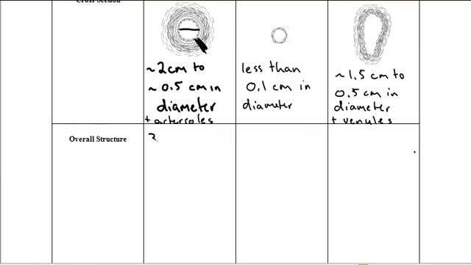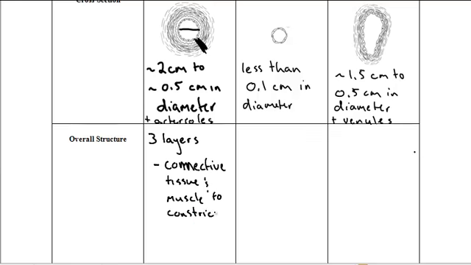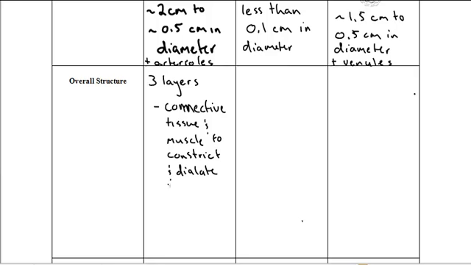Its overall structure has 3 layers, and you don't need to know the details of all the layers, but the important one is the middle layer of connective tissue and muscle, to constrict and dilate the vessel, to regulate blood pressure.